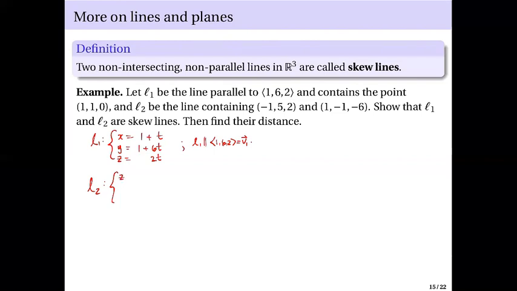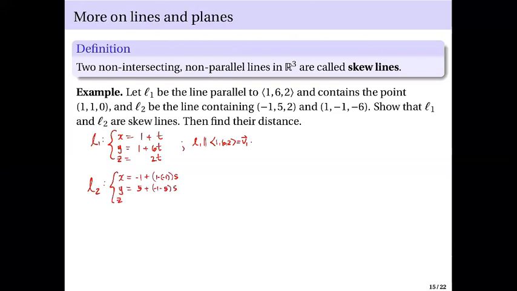So you have your x equals. Let's use this point here, negative 1, 5, 2 as our point. So negative 1 plus, and then the vector will be 1 minus negative 1, so 1 minus negative 1 s. Y, it's 5 plus negative 1 minus 5, so negative 1 minus 5 s.